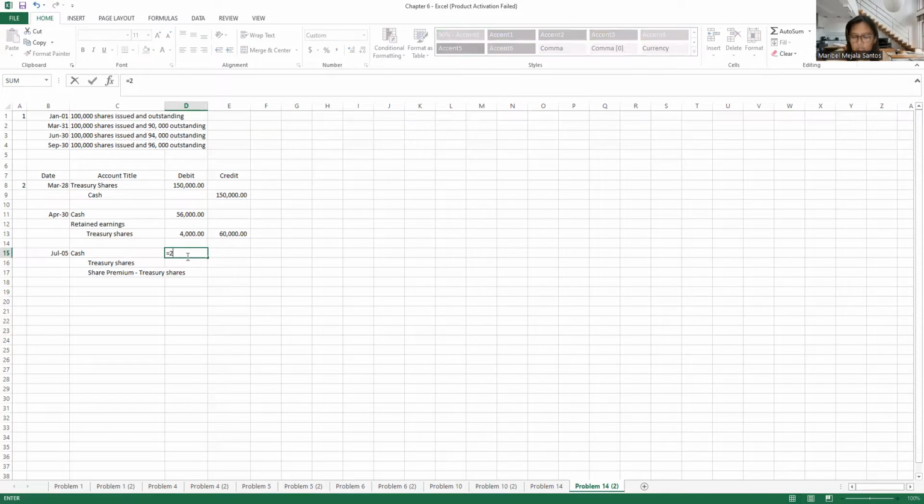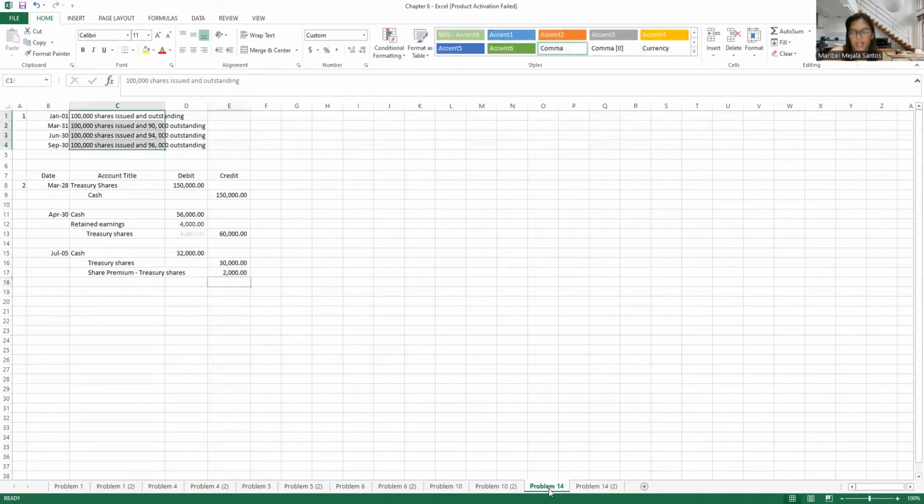So that's 2,000 shares times 16. Pero ang treasury shares lang talaga is 2,000 times 15. So meron tayong share premium na 2,000.